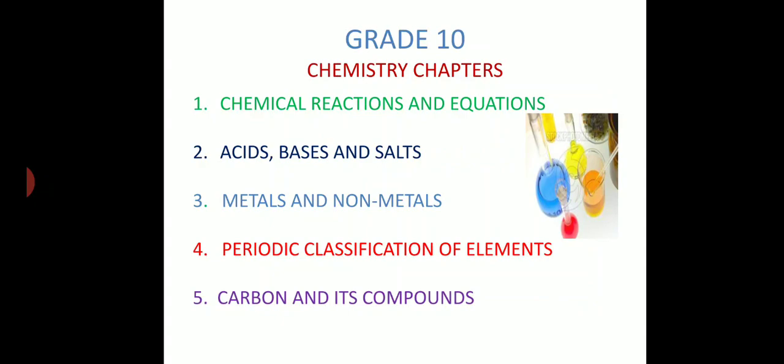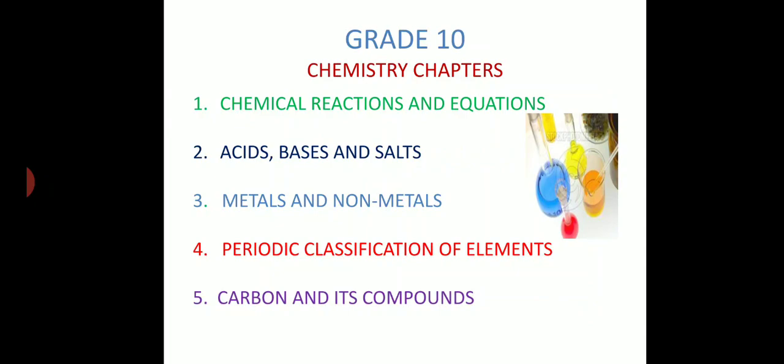Number 1, chemical reactions and equations, acids, bases and salts, metals and non-metals, carbon and its compounds, periodic classification of elements. There are totally 5 chapters you have learnt in 10th class chemistry, right? So now we will see briefly what are the important concepts you have learnt in 10th chemistry.